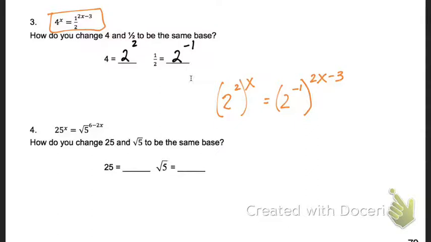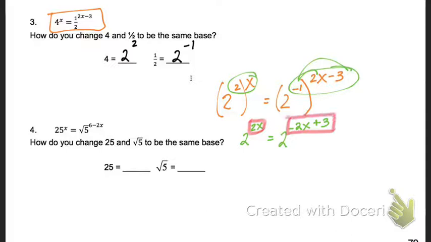Now I'm going to multiply my exponents. So multiply these. So 2 to the 2x equals 2 to the negative 2x plus 3, because I'm going to distribute. Then you set exponents equal to each other.